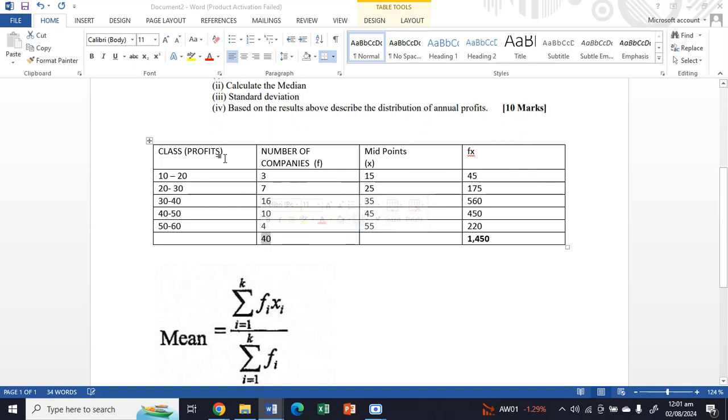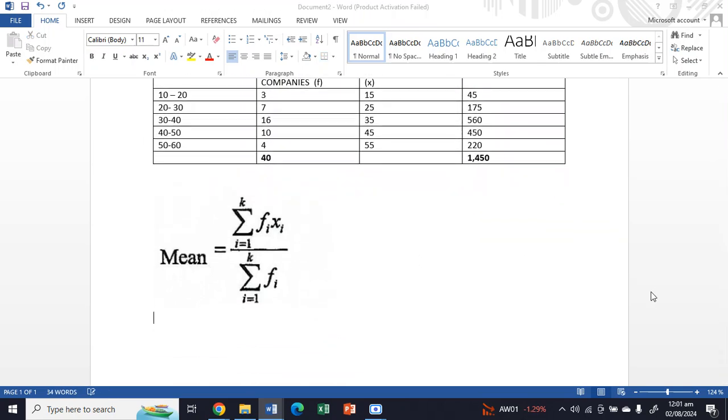So our mean is going to be 1450 divided by 40.